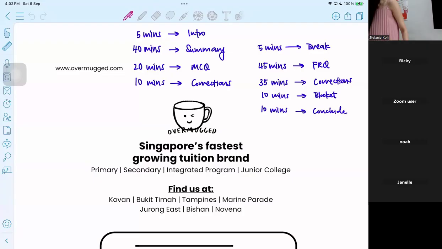Alright. Come in. Quick, take a seat. Do you have your worksheets? Come, just take a seat in front and then take one worksheet.